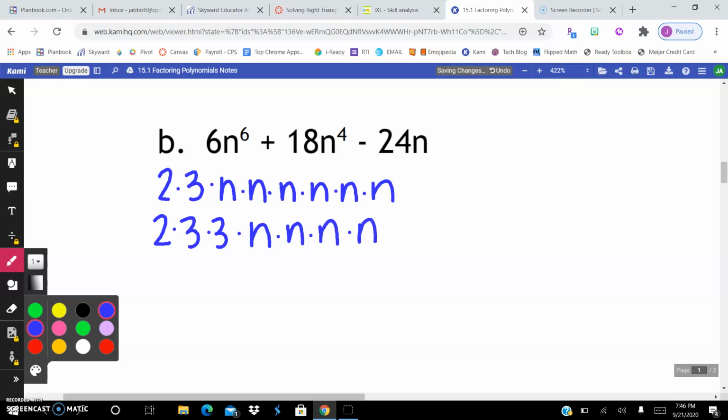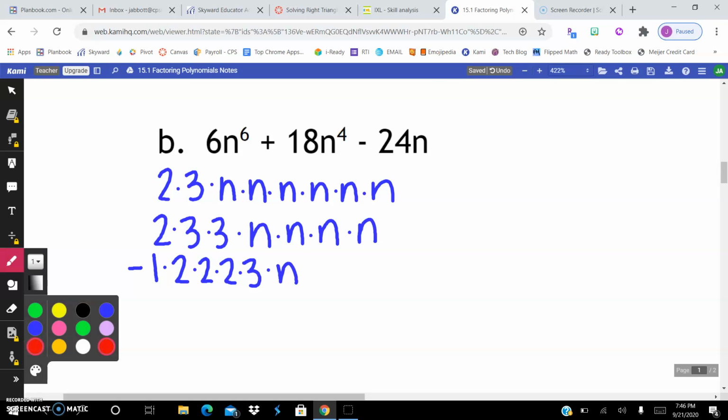And then we have a negative 24, so that negative sign is automatically a negative 1. 24 would be 2 times 12. 12 is 2 times 6. 6 is 2 times 3, with one n.